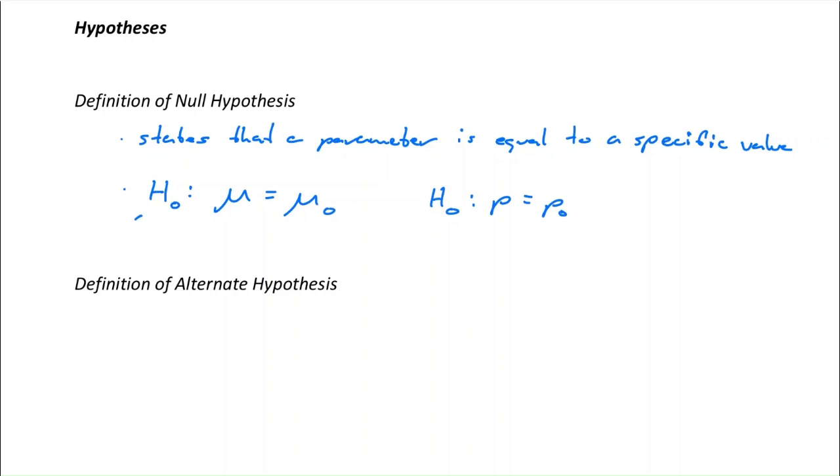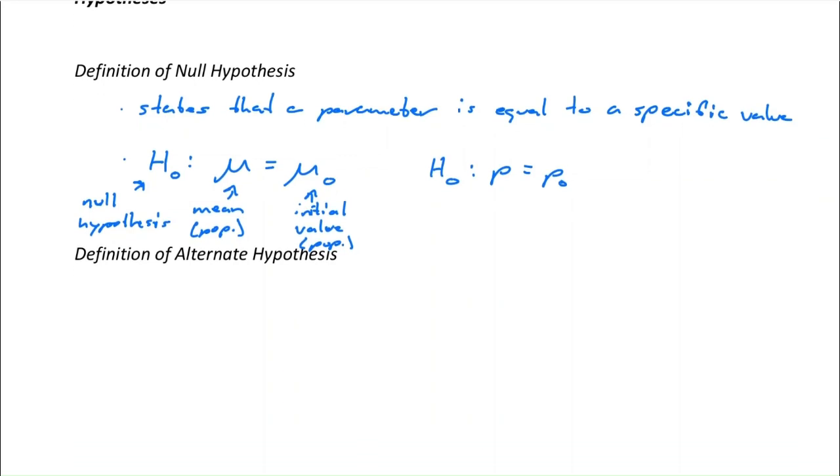So again, H sub 0 is what we use for null hypothesis. The mu is in this case specifically the mean of the population, and then this would be the initial value that we are given for the population. Okay. And then same for the proportion. All right. So that's the null.